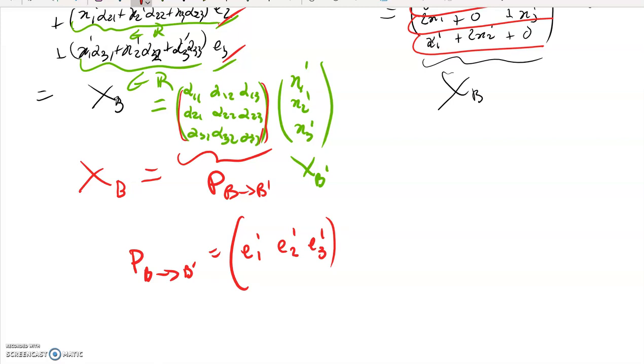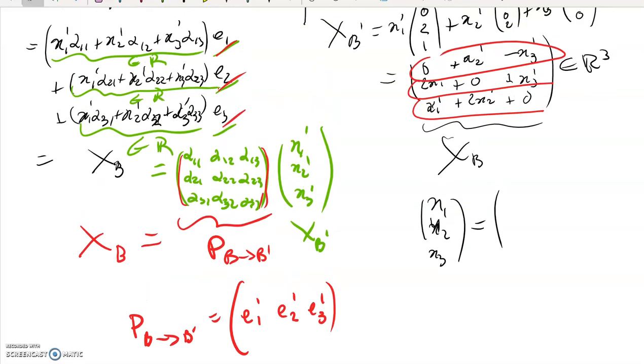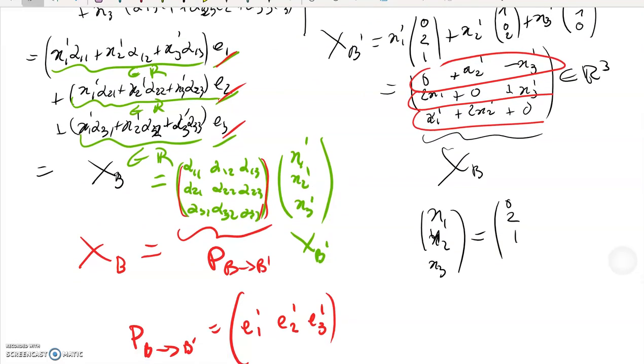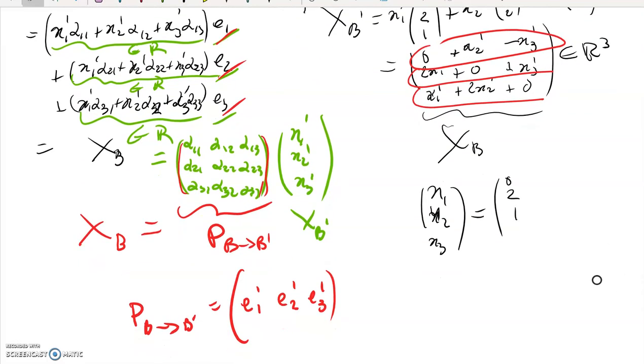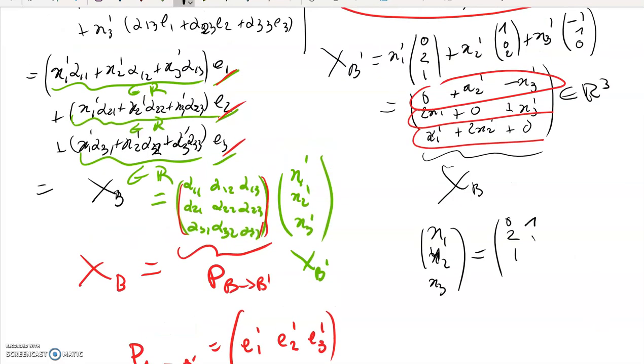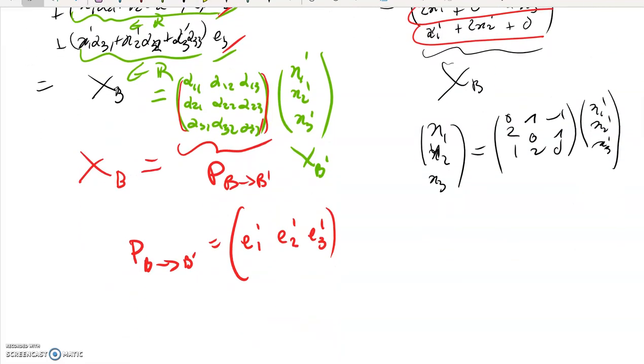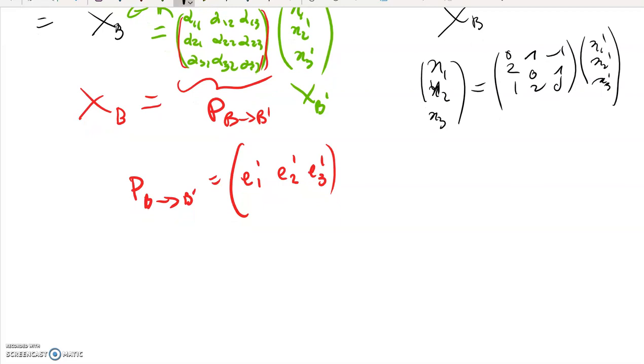On the other side, you can write that x1, x2, x3 are just going to be the matrix that we already talked about, 1 0 2, negative 1 1 0, times x1 prime, x2 prime, x3 prime. Okay, so that's the thing that we have.